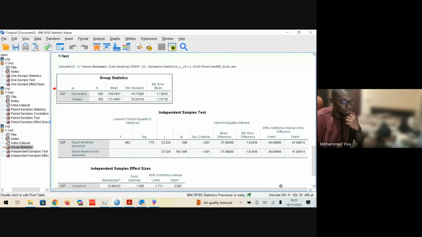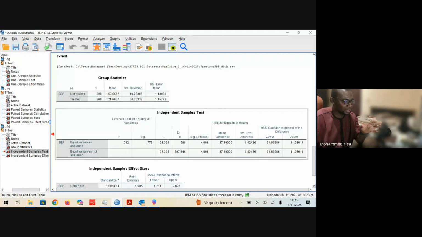So we come to the independent samples t-test. This is the table where we interpret our t-test. Now, remember I said that in your assumptions for the t-test, there is normal distribution.